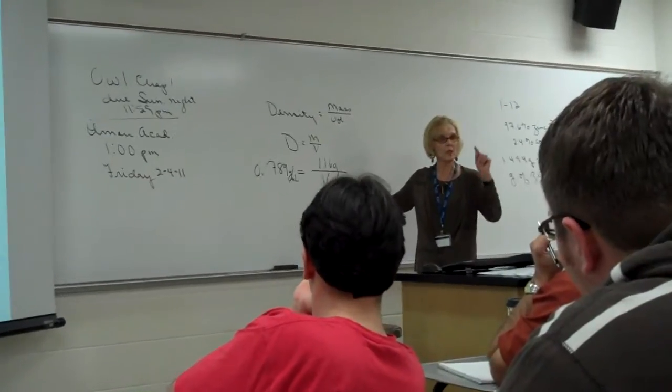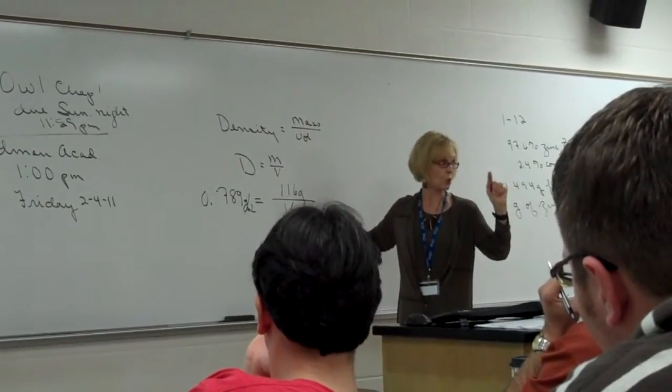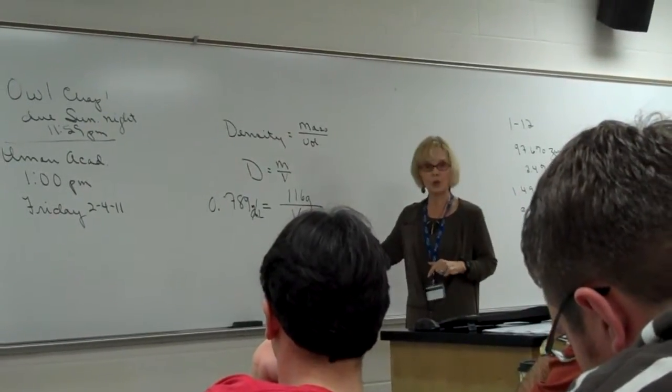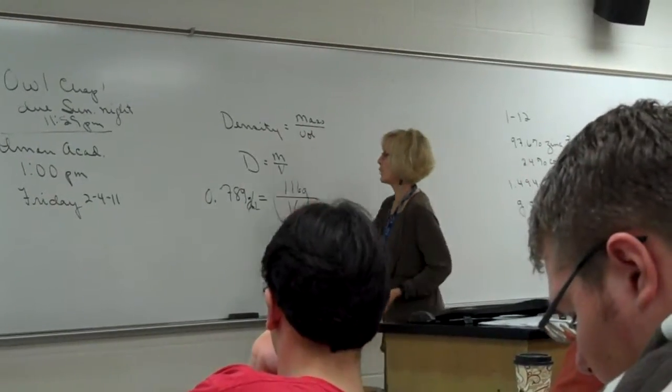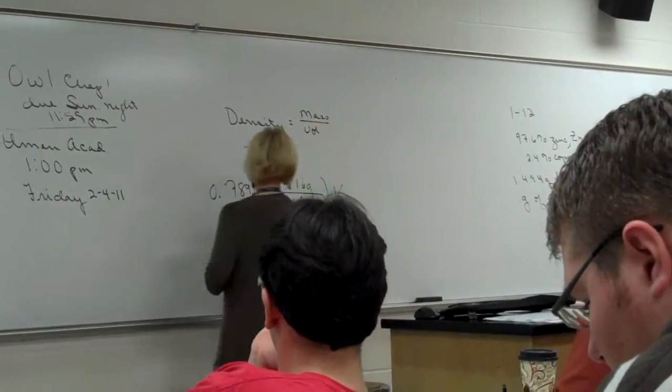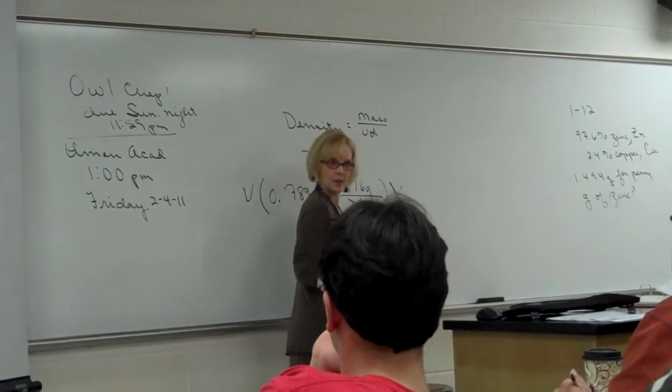Okay, if you're solving for V, you want it up on the top, and you want it standing alone. So we're going to take two steps. We're going to multiply both sides by V. If I really wrote all this out, I would have this. The V's cancel on that side.